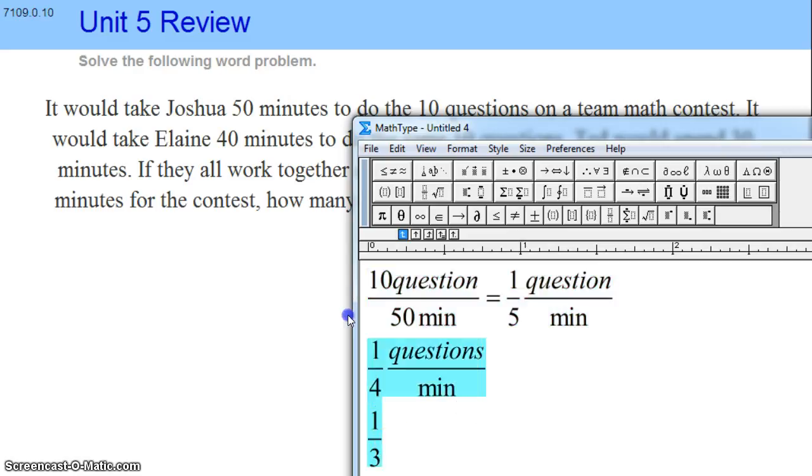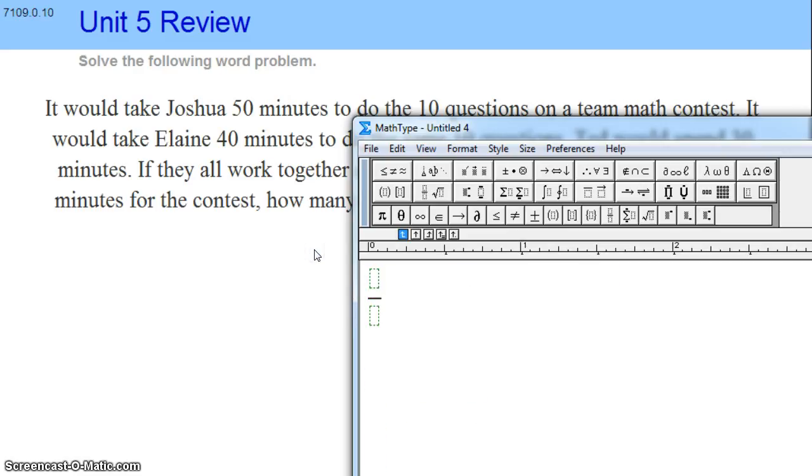So let's do this. We want to add 1/5 plus 1/4 plus 1/3. And to get a common denominator, we're going to have to multiply this one by 3 over 3 and 4 over 4.